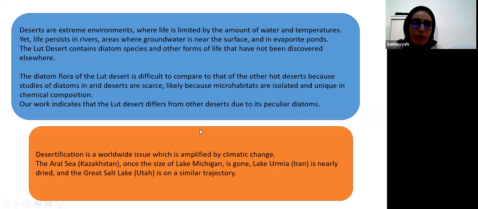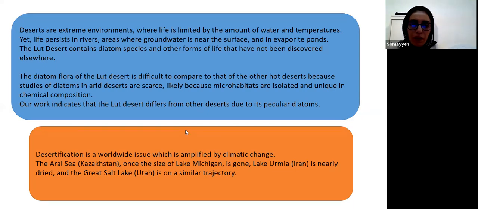But we come to this point that deserts are extreme environments where life is limited by the amount of water and temperature. Yet life persists in rivers, areas where groundwater is near the surface and in evaporite ponds. The Lut Desert contains diatom species and other forms of life that have not been discovered elsewhere.